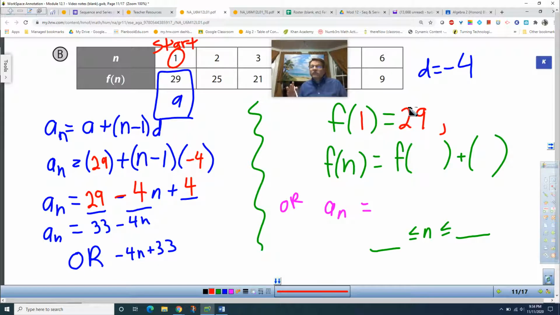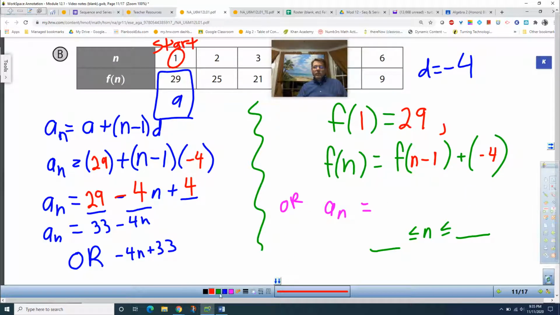Well, that's great. Negative 4 of what? I got to know the previous term. And so that is what goes on here, n minus 1. Recursive, we always use the n minus 1, because you always have to have the previous term. And then put our negative 4 in here for our d.